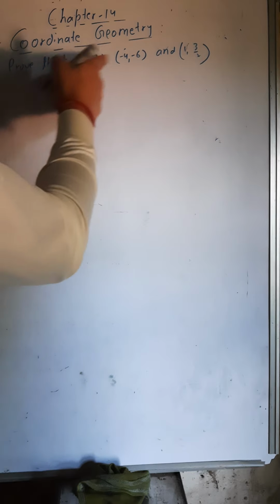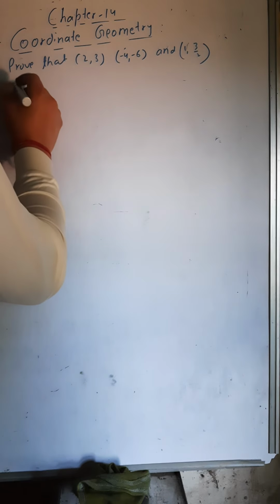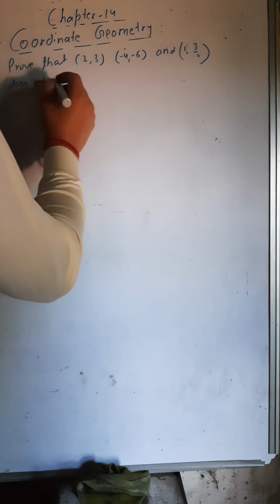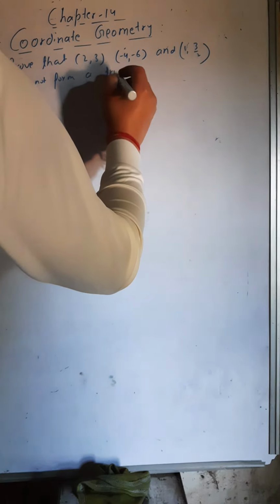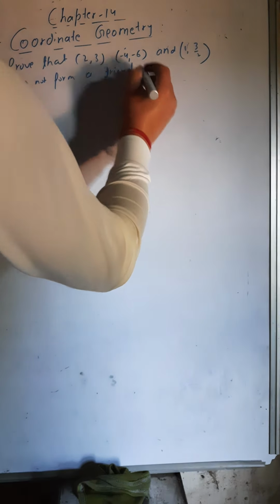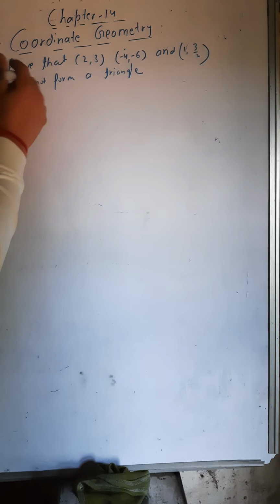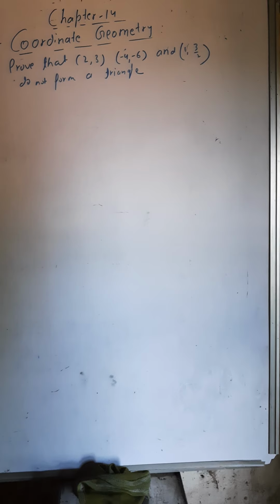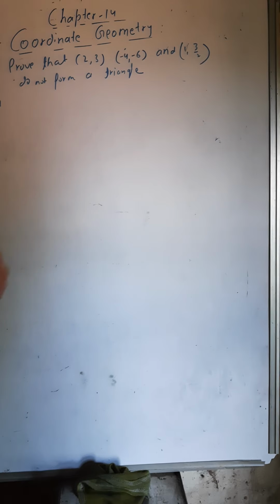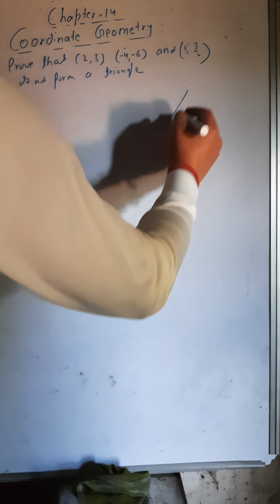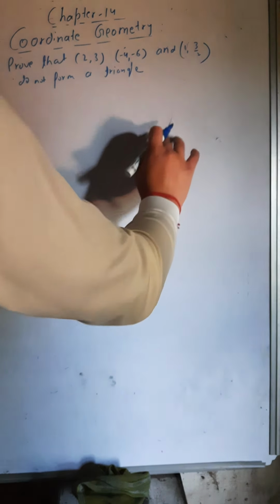Prove that these 3 points do not form a triangle. Means these are the 3 points which you have to show are not forming a triangle. How to prove it? Okay, let's make a triangle and see whether they are making a triangle or not.